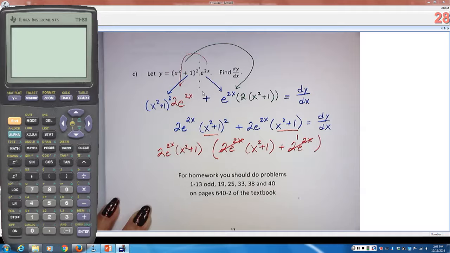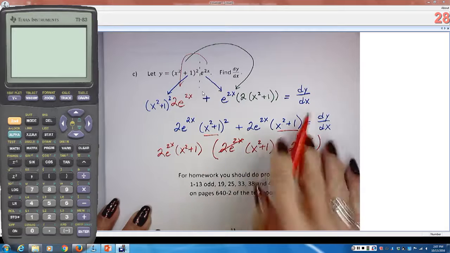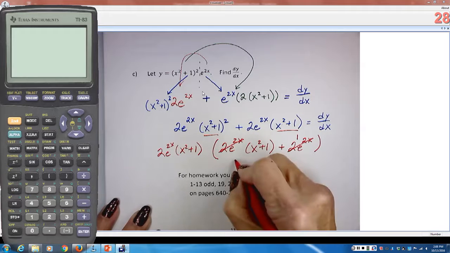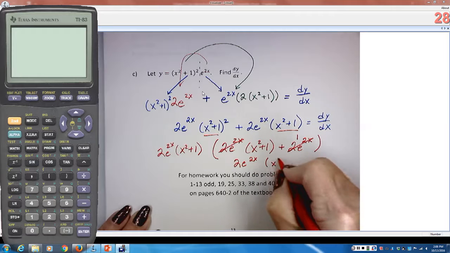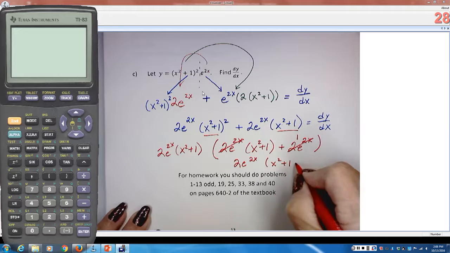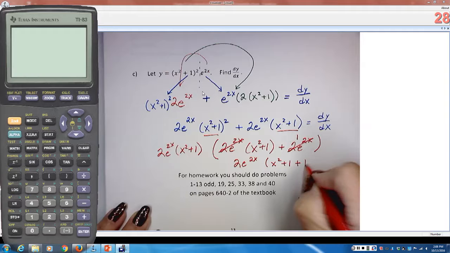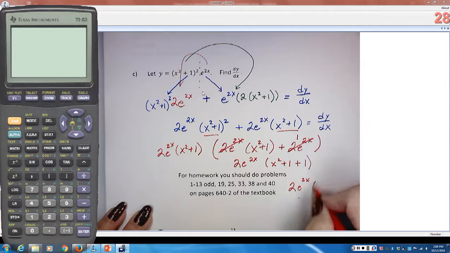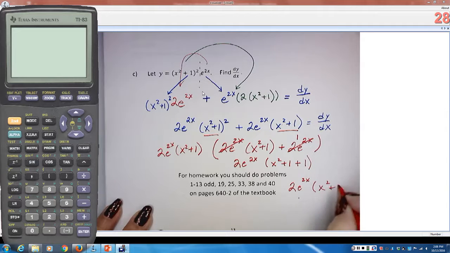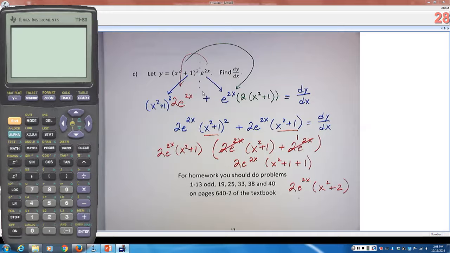So what their final form is going to look like is going to be 2e to the 2x times x squared plus 1 plus 1, or 2e to the 2x times x squared plus 2, which does look a lot simpler, but it doesn't look a bit like what you start out with.